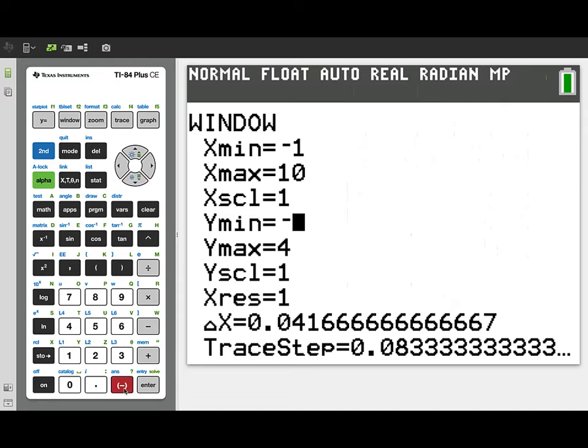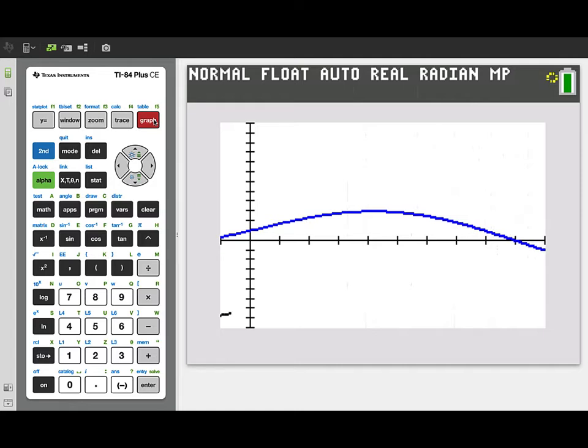So I'm going to make my ymin, instead of -3, let's make it -9. And our ymax, instead of 4, let's make that 12. And now let's regraph and see if we get a better look. Okay, you can see that kind of squashes down the look of the blue graph, but now we've got a better fit of a window for our antiderivative graph.